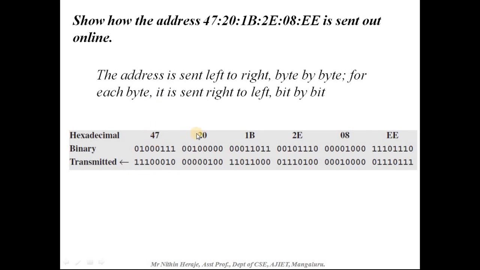So the bytes go from left to right, that is 47, 21 and so on to E0, 8E. After converting to binary, the bits should be sent from right to left. That is, this particular 47 has to be sent from right to left, so 1 1 1 0 0 0 1 0. This is what you transfer, and it applies to all.